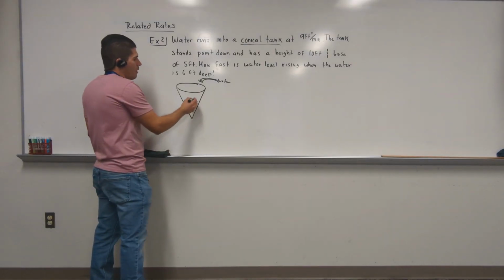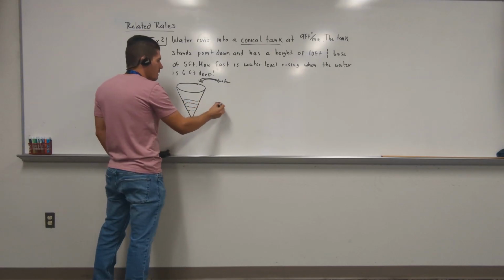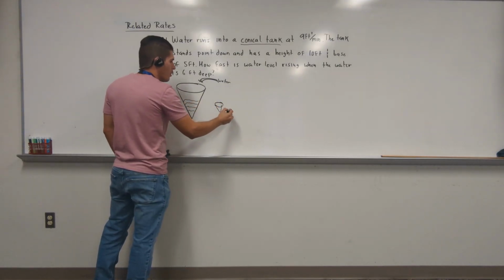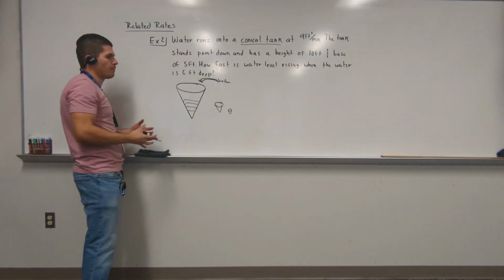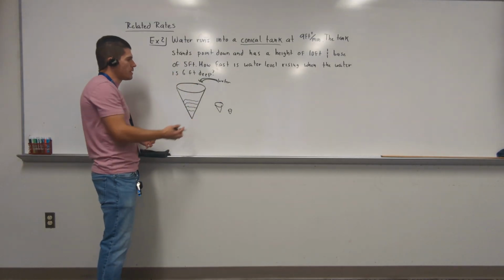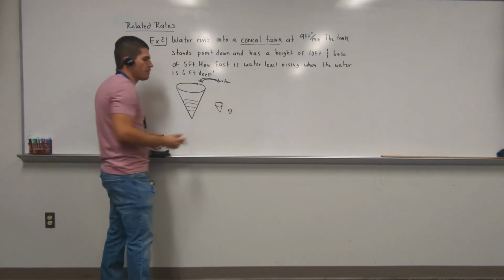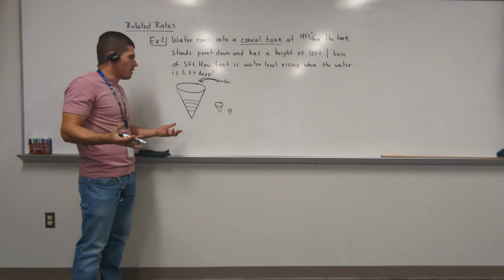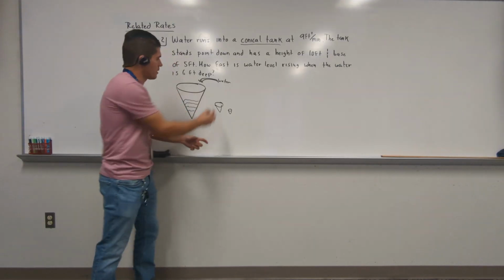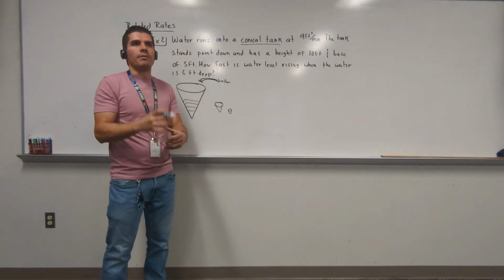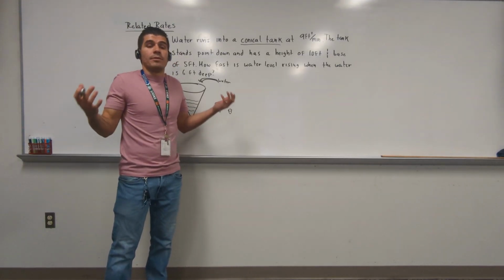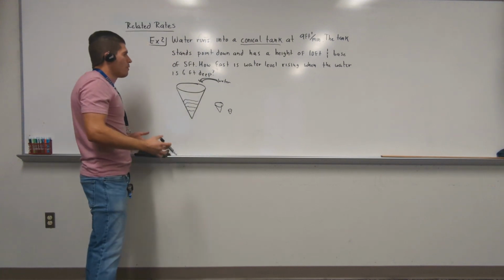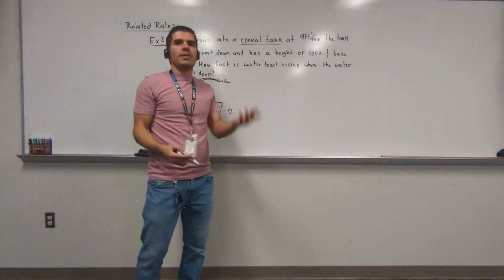Now, it sounds silly, but until it's full, the water creates little different cones, similar cones as you fill it up, which means each of those cones will have a different radius, a different diameter, and if I focus on the circle, which is the cross section on the top, you could have different areas, different circumferences. So I just want you to think about what is all changing throughout this problem.